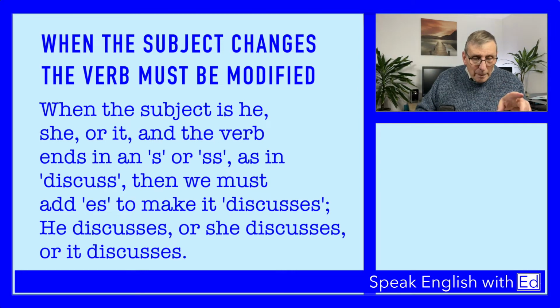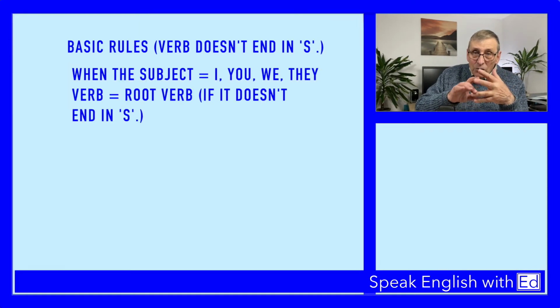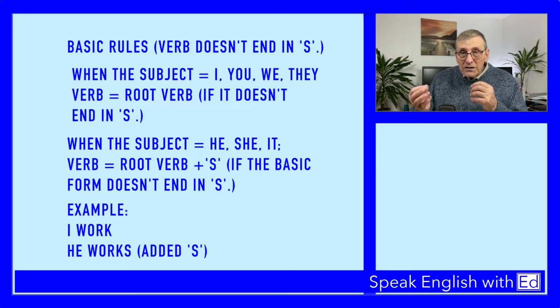So we've seen that for I, you and we, it's all the basic verbs, but for he, she and it we must add an s. So our verb work for I, you, we and they is work, but for he, she and it it becomes works.